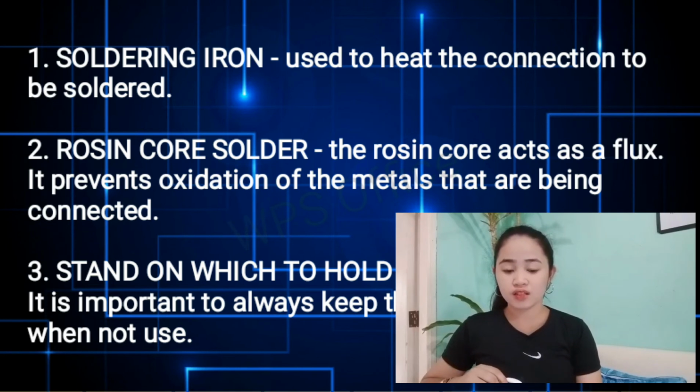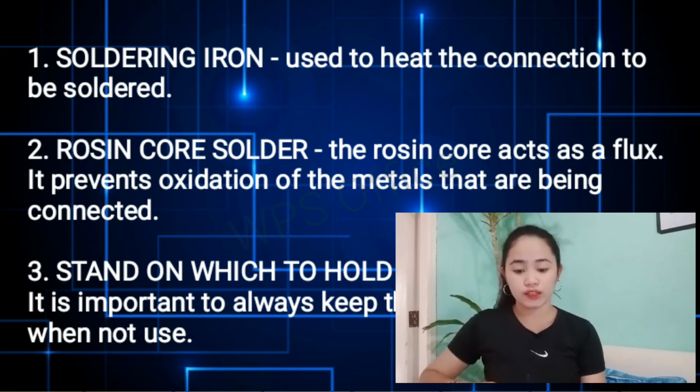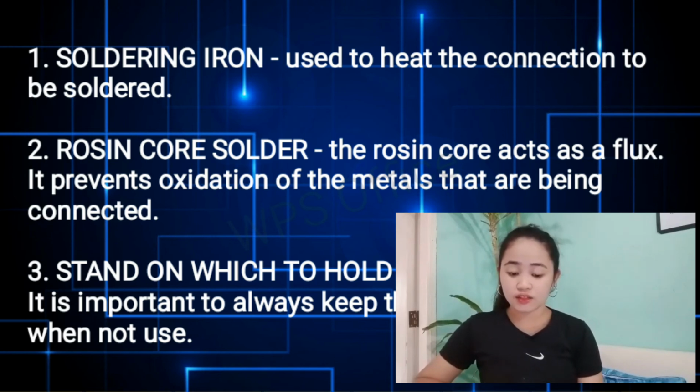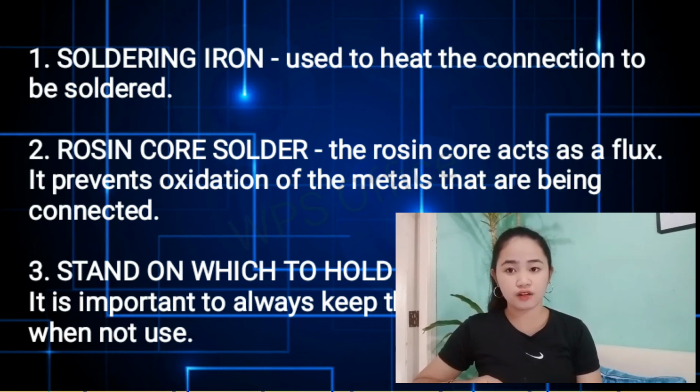It prevents oxidation of the metals that are being connected and enhances the ability of the solder to wet the surfaces that are being joined. Then, solder that is used to join copper pipes has an acid core, which is appropriate for pipes but will corrode electronic connections. Use solder that has a rosin core.